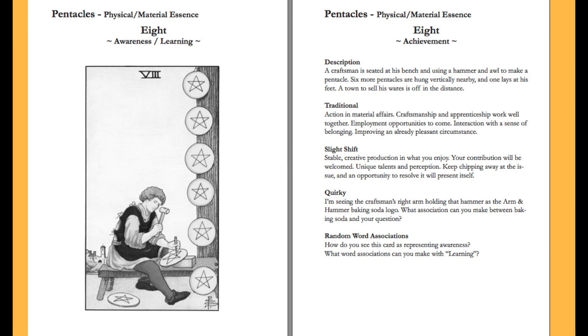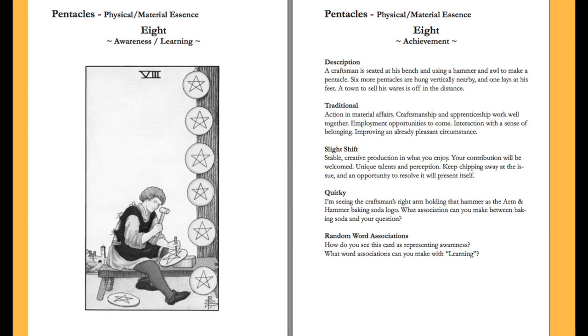So it's just another idea, something you would never see with the cards before, and you're not going to find it in a traditional meaning, but it's just an extra range of ideas that you can get, and sometimes these are very useful ways to see the card. And then random word associations I have. How do you see this card as representing awareness?